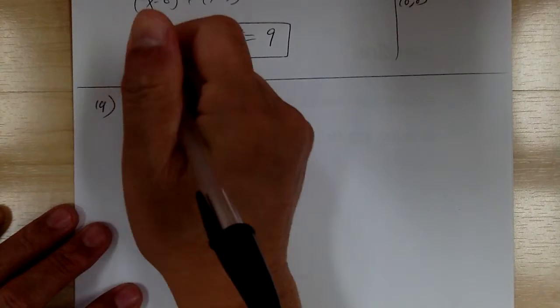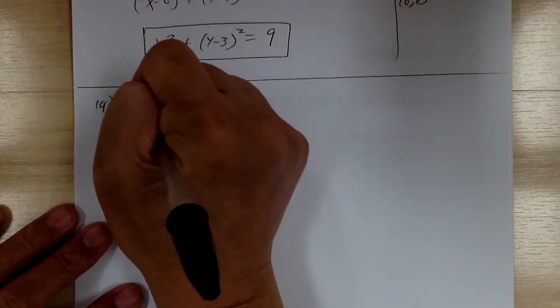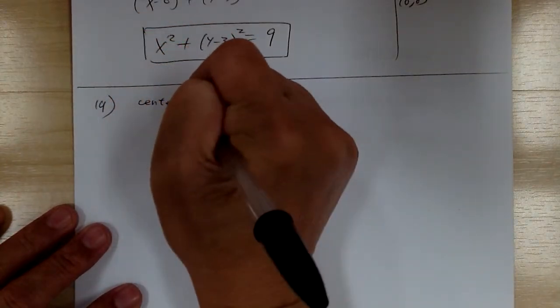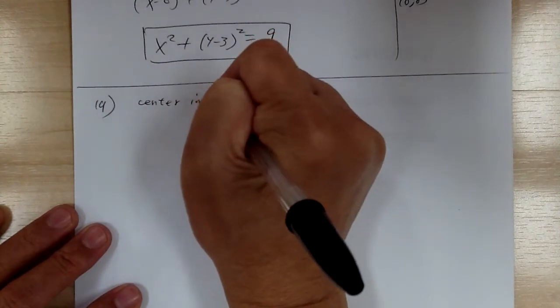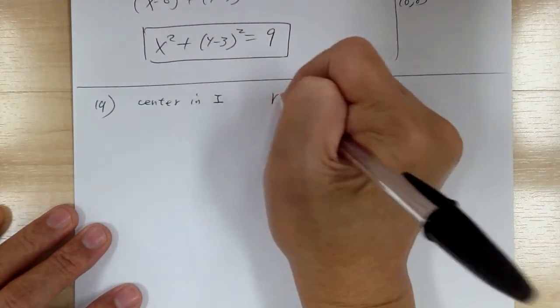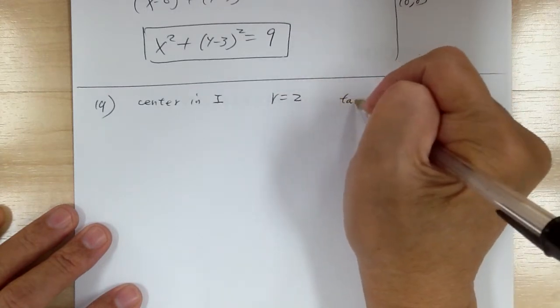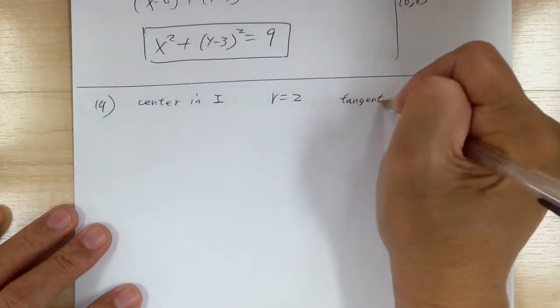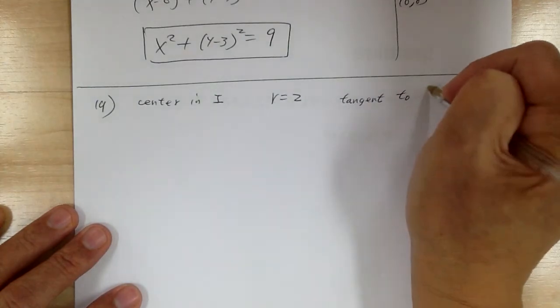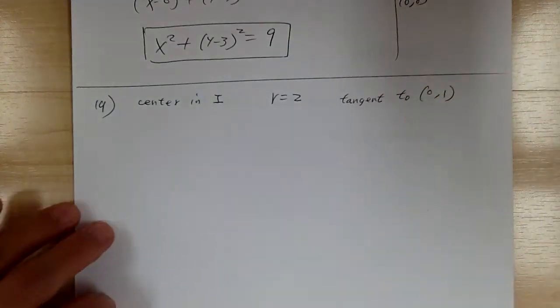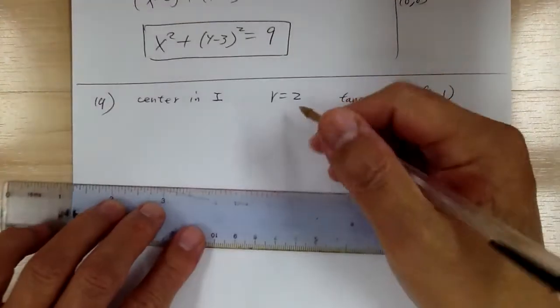Number 19. The center is in quadrant 1, the radius equals 2, and it is tangent to 0, 1.